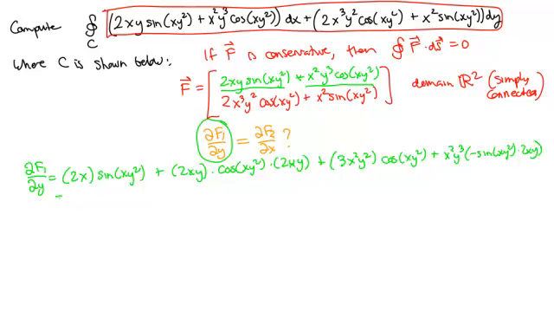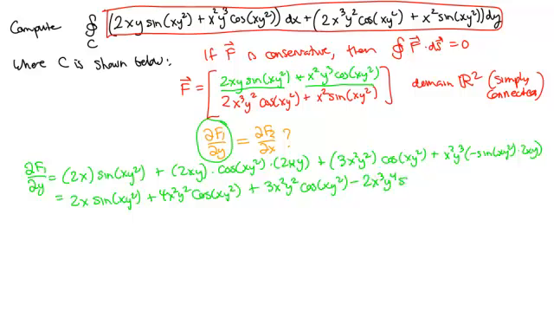So if we clean this up, we're going to have 2x times the sine of xy squared plus 4x squared y squared times the cosine of xy squared plus 3x squared y squared times the cosine of xy squared minus 2x cubed y to the fourth times the sine of xy squared. And notice that these two middle terms could be combined into a single 7x squared y squared cosine of xy squared term.